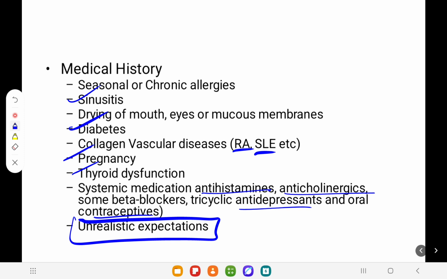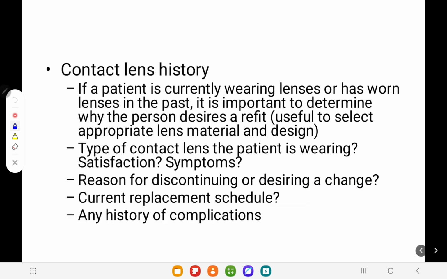Otherwise it will create havoc for you and for your patients. So it's very important that you must win your patient first psychologically. You must counsel well, you must do the right thing. Unrealistic expectation is a very bad thing. If your patient has unrealistic expectations, you must be cautious, and you must counsel him or her. Okay.